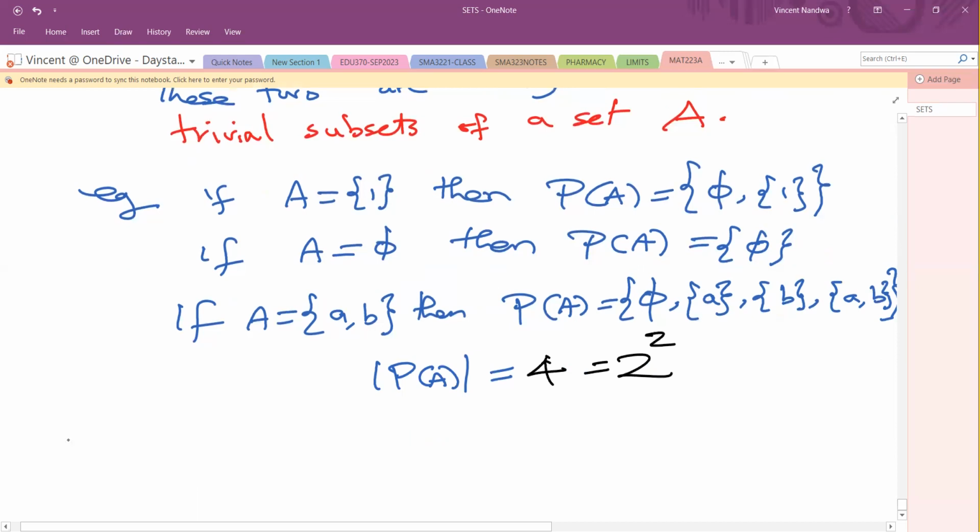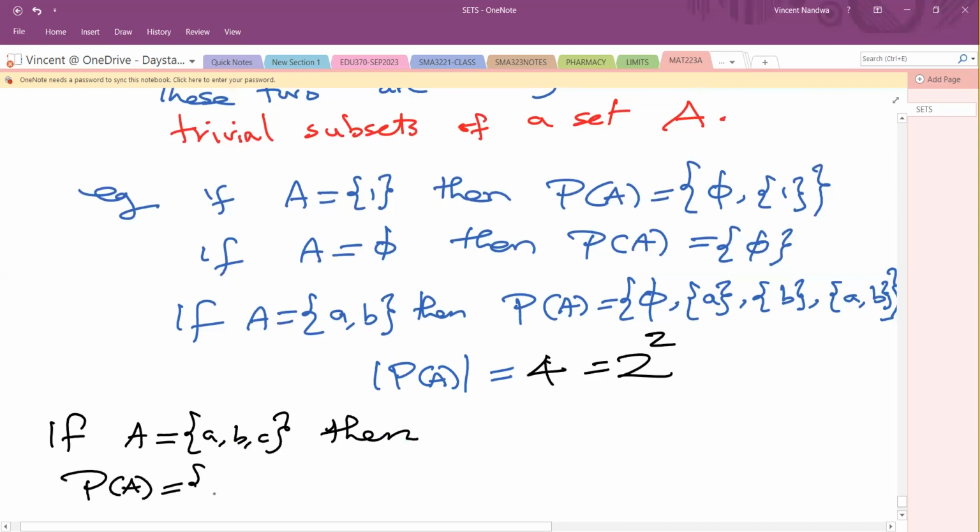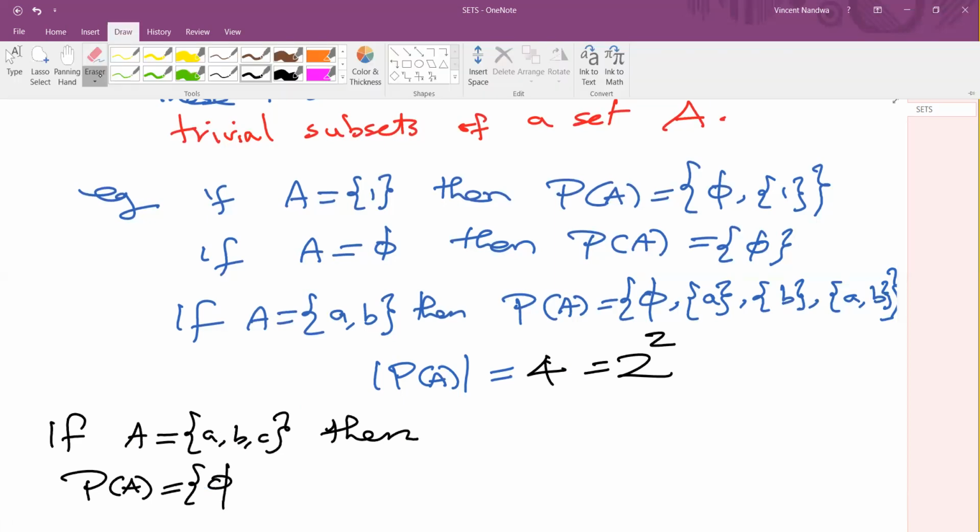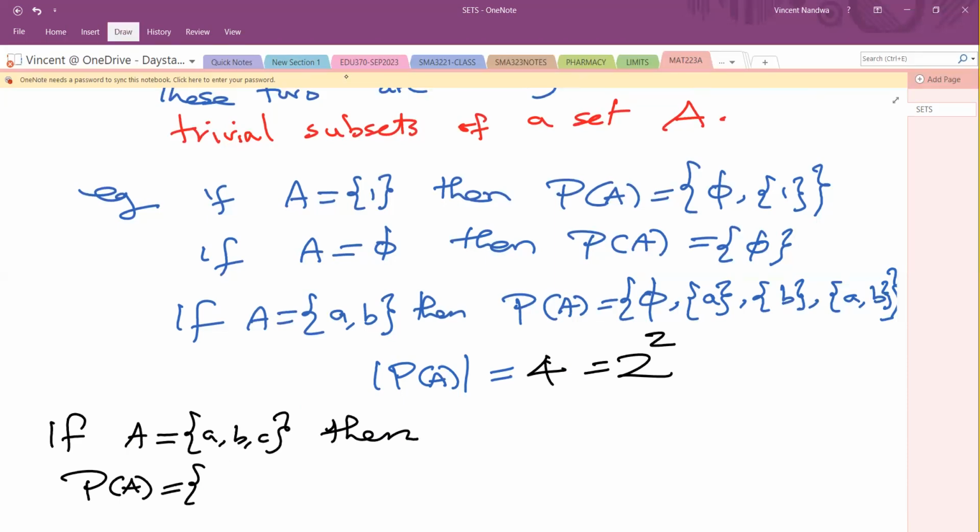If A has a, b, c, then the power set of A will have these elements. One, the trivial one, the empty set, which is always a subset of any given set. We start with that empty set.